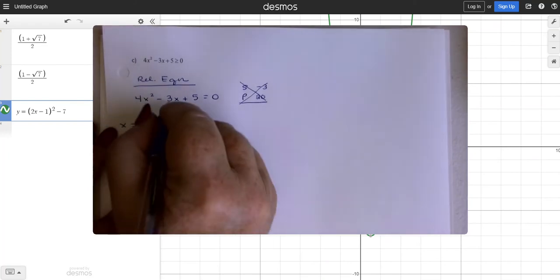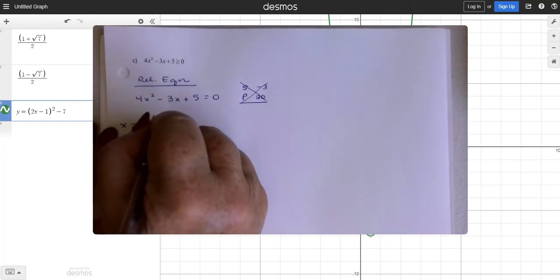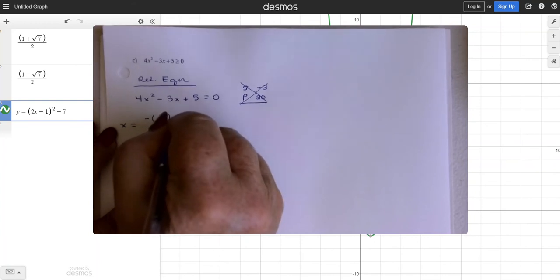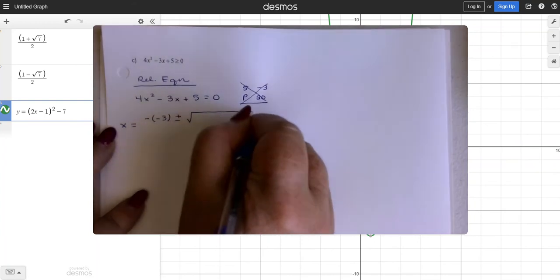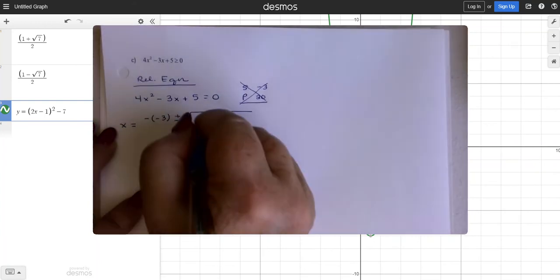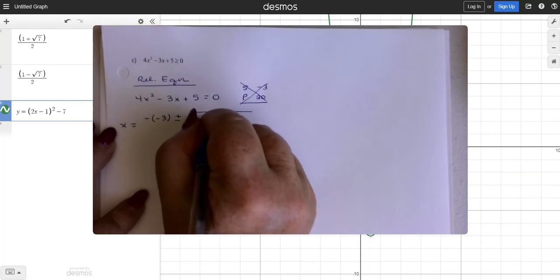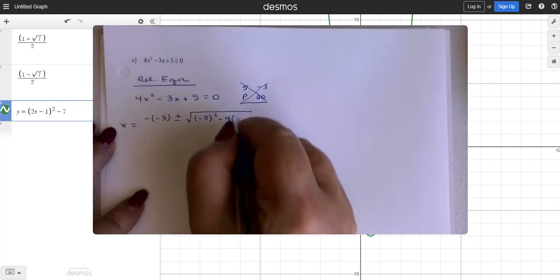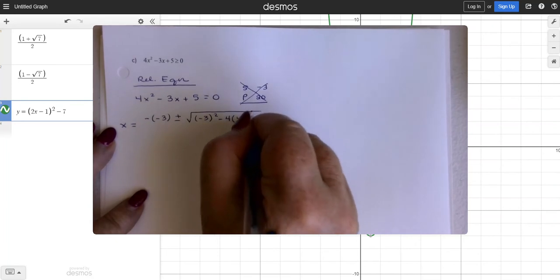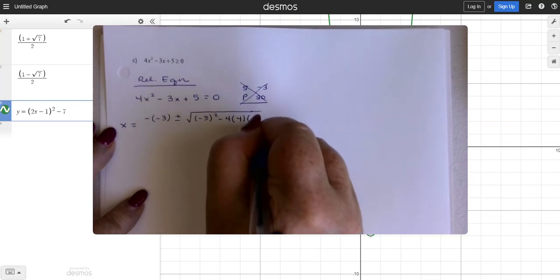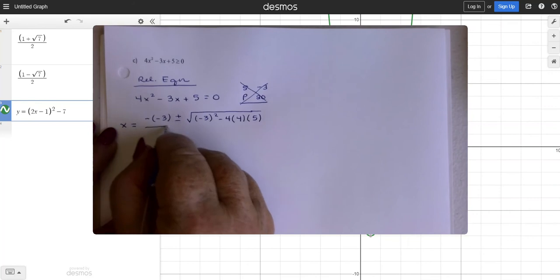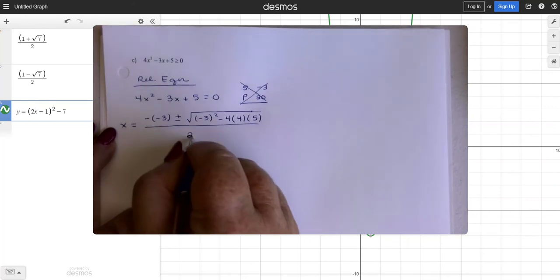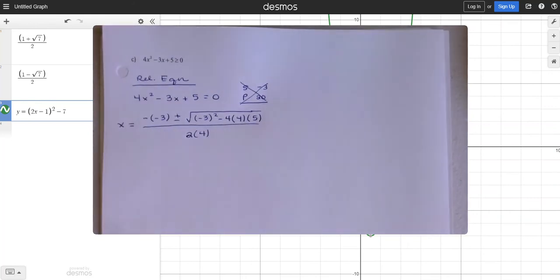So let's see. Opposite of b would be minus the negative 3, plus or minus the square root of negative 3 squared minus 4 times 4 times 5, over 2 times 4.